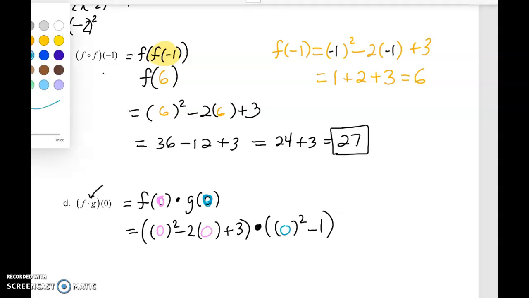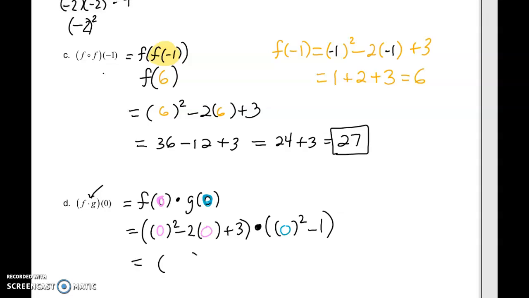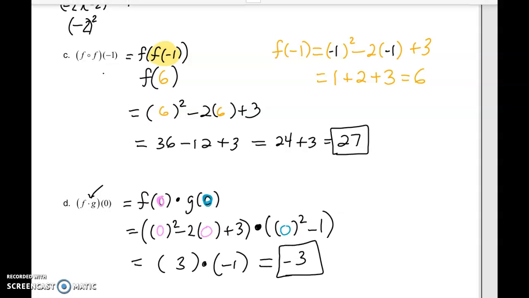So evaluating this, for this first part, well, I have 0 squared minus 0. 2 times 0 is 0, plus 3, so I get 3. And the second part, I'll have 0 squared, which is 0, minus 1, so I'll get negative 1. 3 times negative 1 is negative 3. So these are the 4 answers we should have got for the end of 8.1.